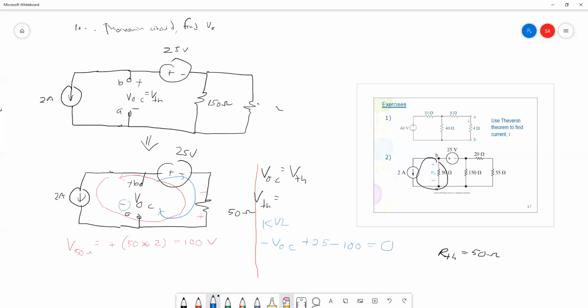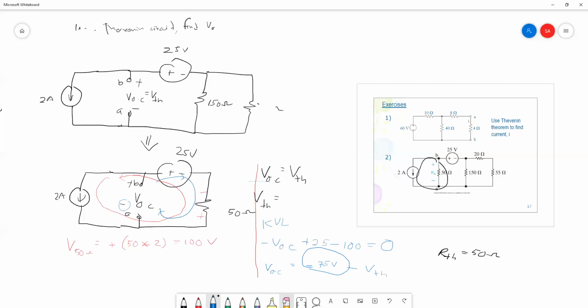This is equal to 0. So I finally got my VOC is equal to minus 75, right? Minus 75. So this is actually my VTH.